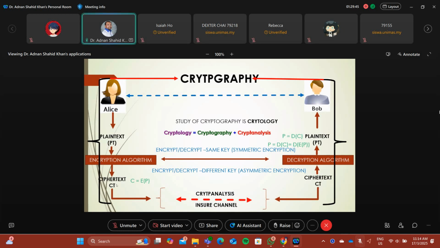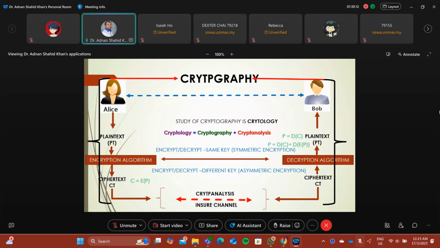And then the ciphertext is sent using an insecure channel. It's online, we send the data. And then the other partner, the receiver, receives the ciphertext. We apply some decryption algorithm and we get the plain text, and Bob receives the data. This is a very simple mechanism.